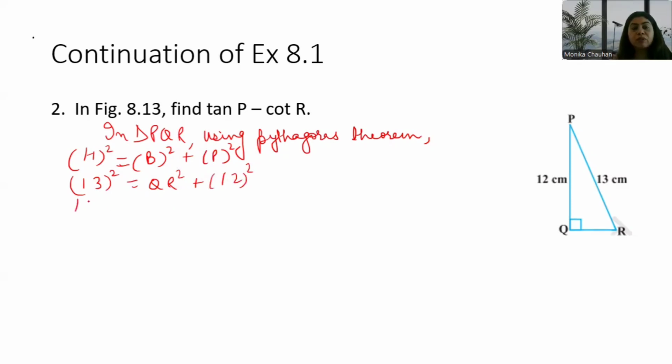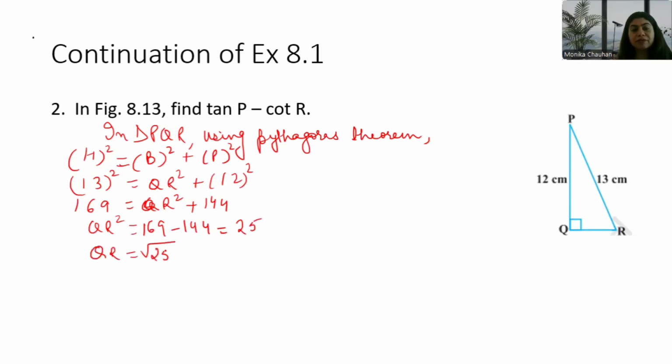So here, 13 square is 169, QR square, and 12 square is 144. So QR square is equal to 169 minus 144, which is 25. So QR is equal to square root of 25, which is equal to 5 centimeter. That means my QR is 5 centimeter.